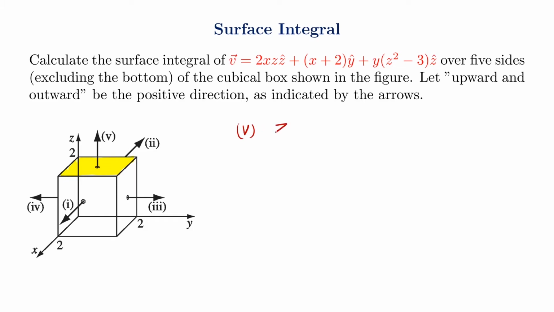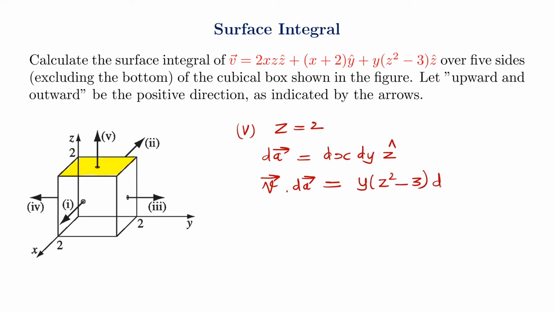For the plane z equal to 2, dA is equal to dx dy times z hat, and v dot dA is equal to y times (z square minus 3) dx dy.